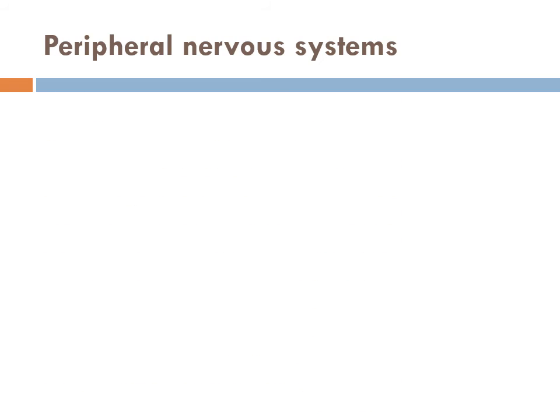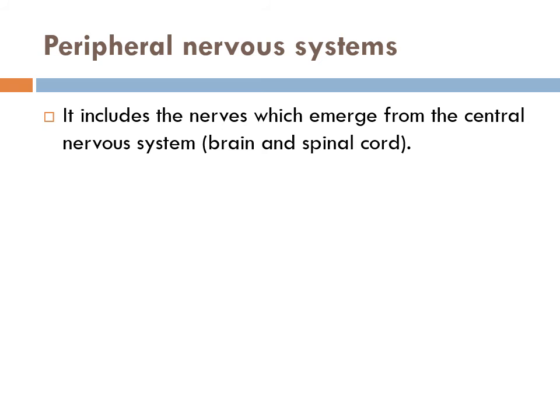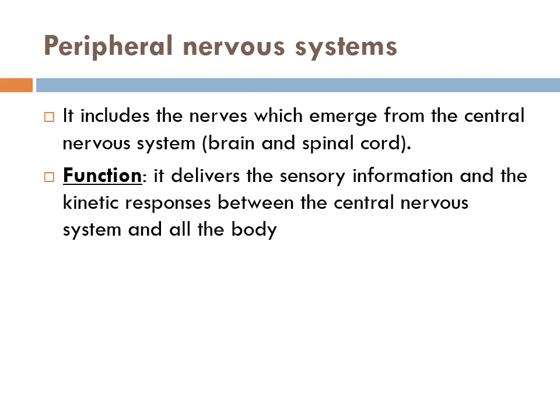Now, let's talk about the second part of our nervous system: the peripheral nervous system. It includes the nerves which emerge from the central nervous system. So all the nerves that come out of the brain and spinal cord are called the peripheral nervous system.